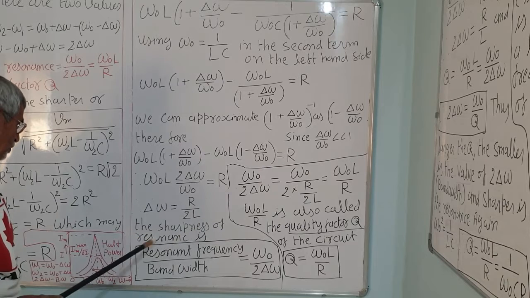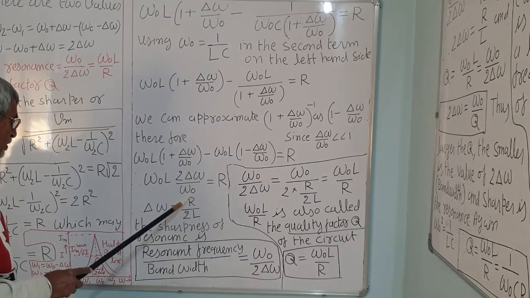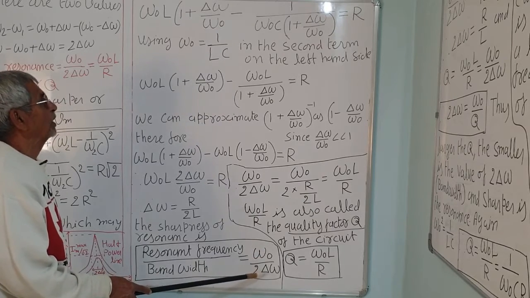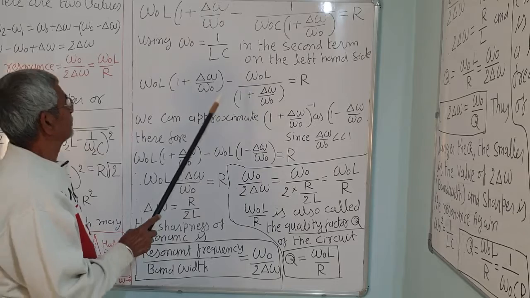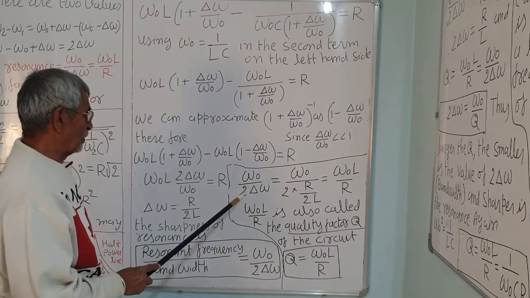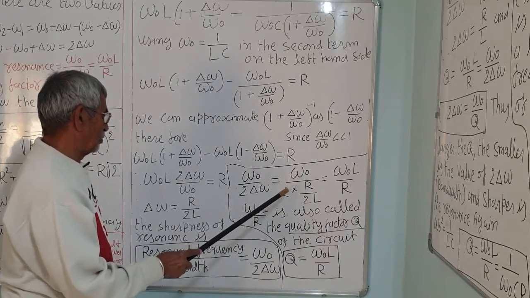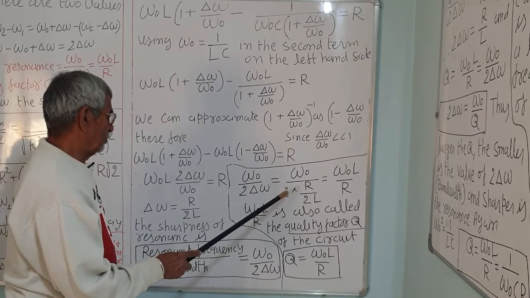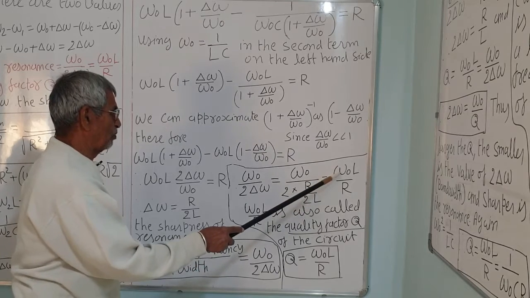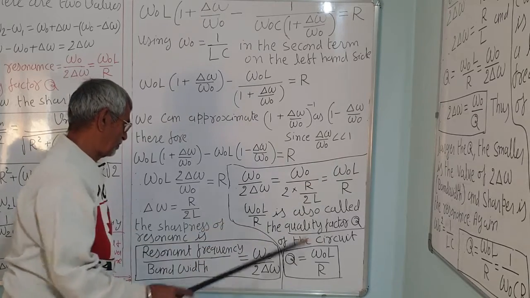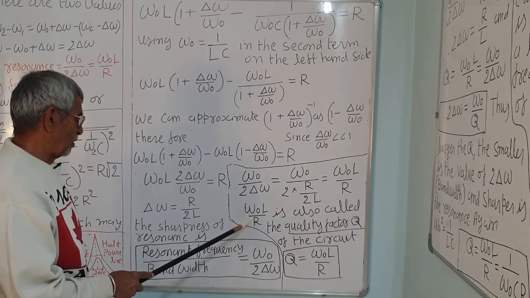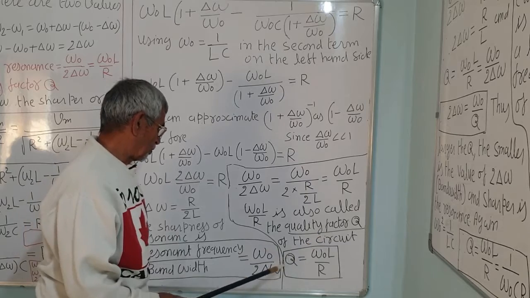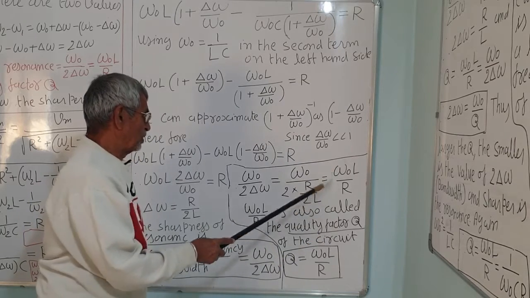So omega 0 upon 2 delta omega is equal to omega 0 L upon R, already we have discussed. So omega 0 L upon R is called the quality factor Q of the circuit. So Q is equal to omega 0 L upon R.